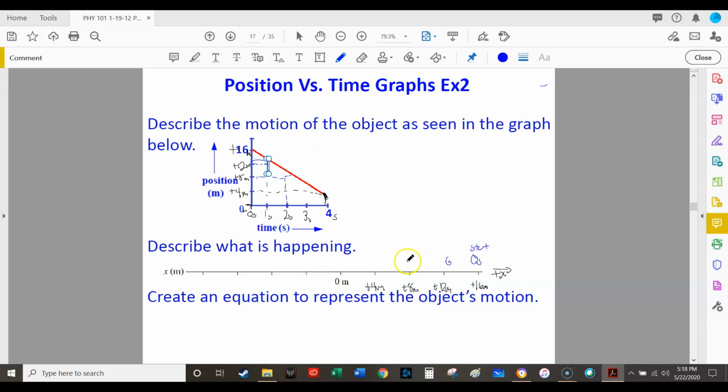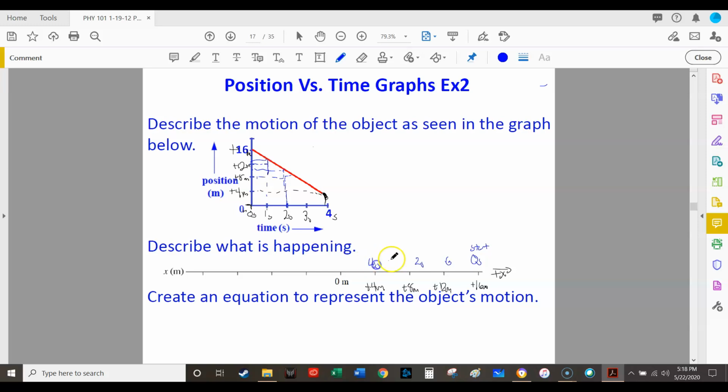And then the 2 second mark almost looks like it might be at 10, 2 second mark, 3 second mark, and finally the 4 second mark is going to end here.